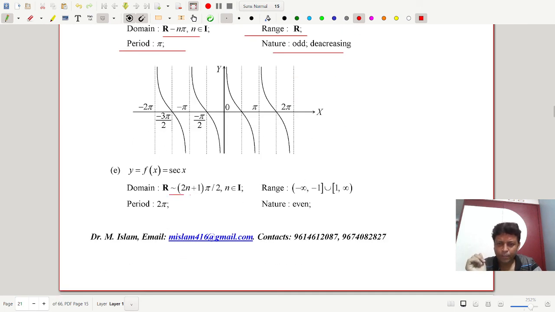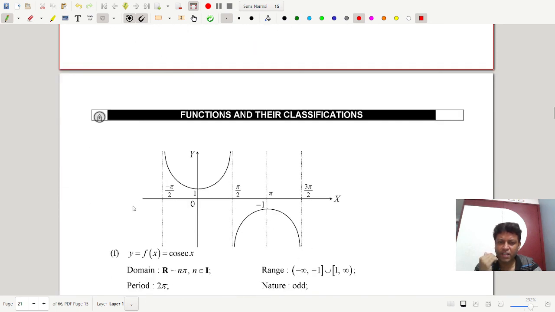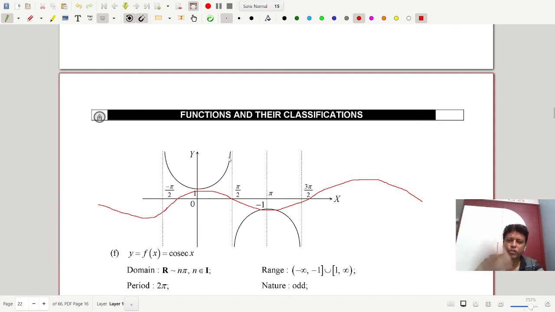Sec x. How will you draw sec x? You can draw cos x first. You can draw cos x like this. And above the cos x, you can draw sec x. So for sec x, at pi by 2, minus pi by 2, it is undefined. You see the graph, pi by 2, 3 pi by 2, minus pi by 2, it is undefined.